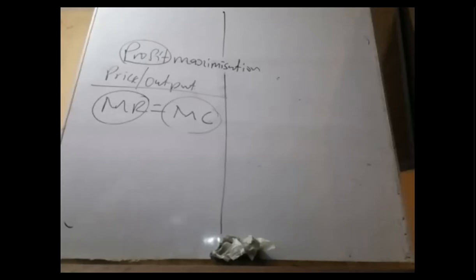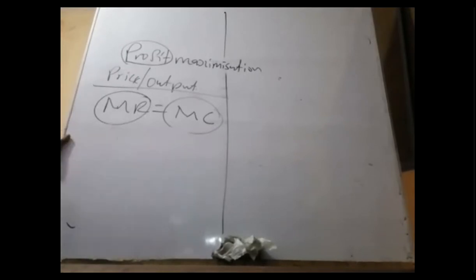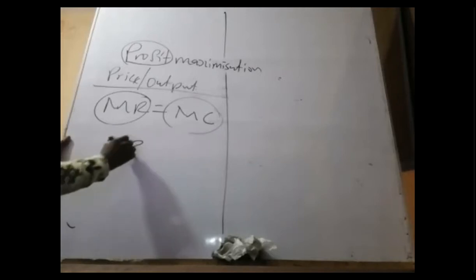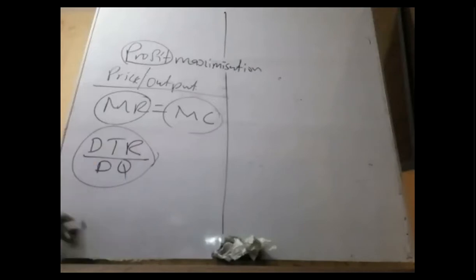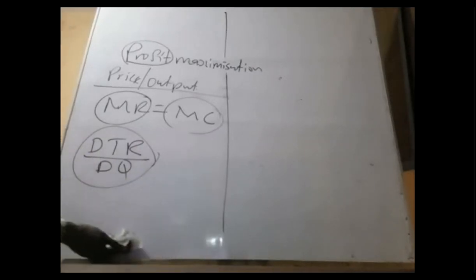So, change in what? The total revenue. So the formula is this, but we'll pass through areas. The formula is equal to the differential of TR over the differential of Q. But we will not use this one. Let the economists use this.